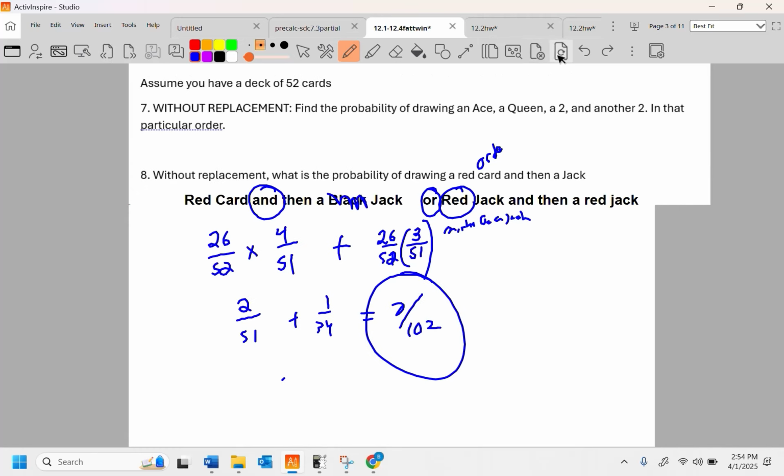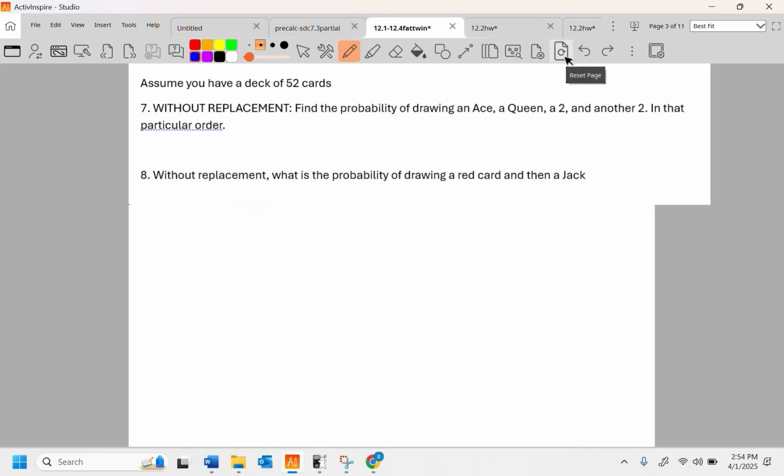If you want to do permutations on this thing, it's kind of hideous, and permutations almost give me a headache. It would look like this: 52 pick 26 times 51 pick 4, because here's where we get 26 red cards out of 52. Here's 4 jacks out of 51.